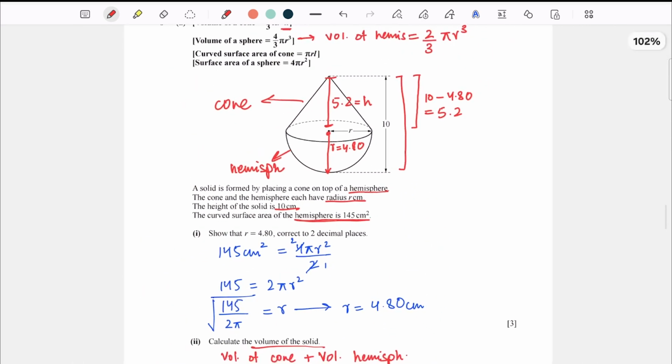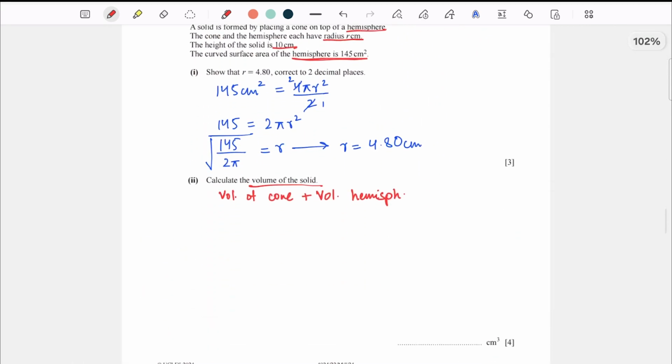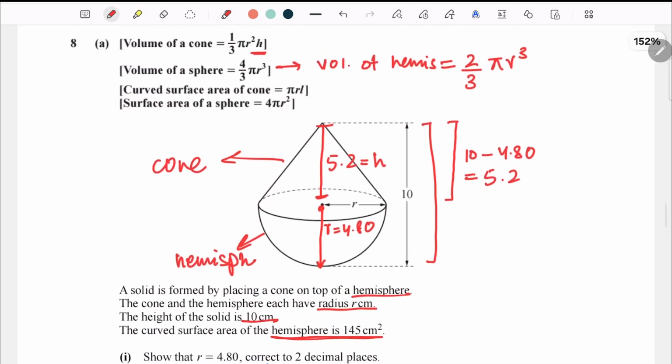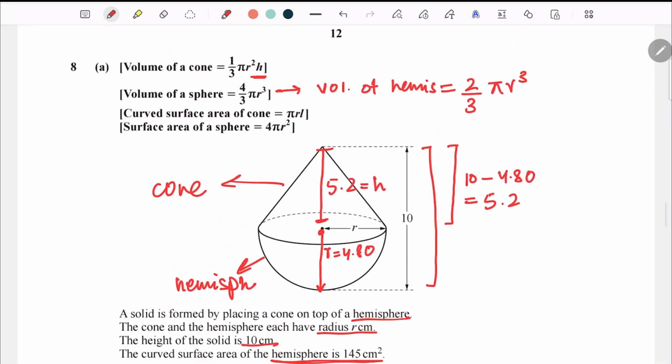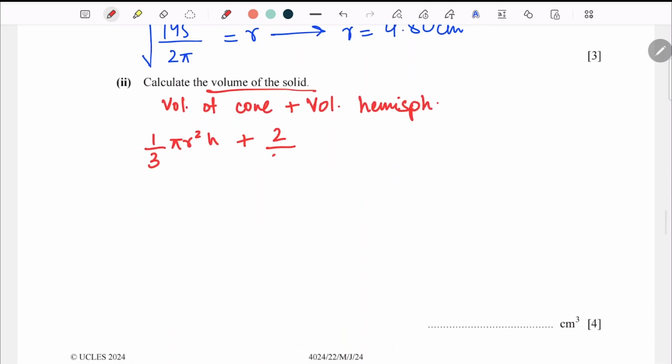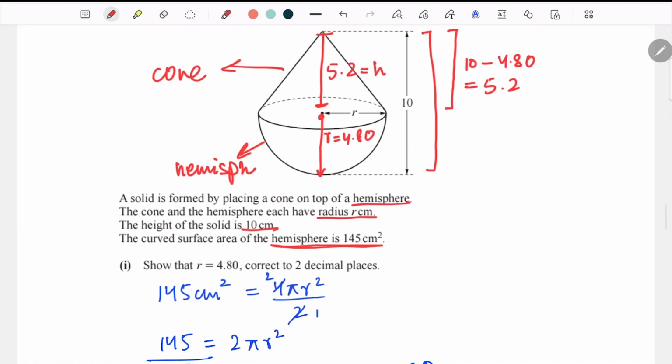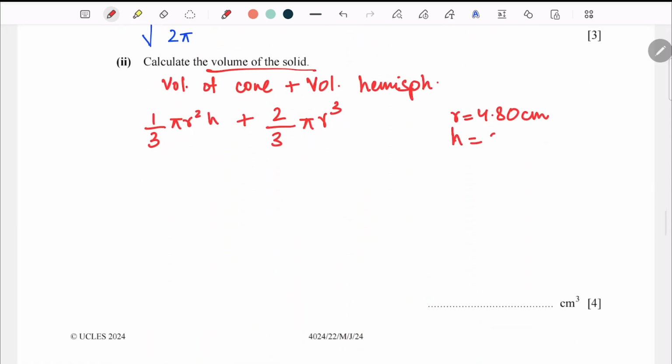Now we'll just put the values in the formula. Volume of a cone is 1 over 3 pi r square h plus volume of the hemisphere, that is 2 over 3 pi r cube. R is basically 4.80 centimeters, and h, we found h to be 5.2 centimeters.